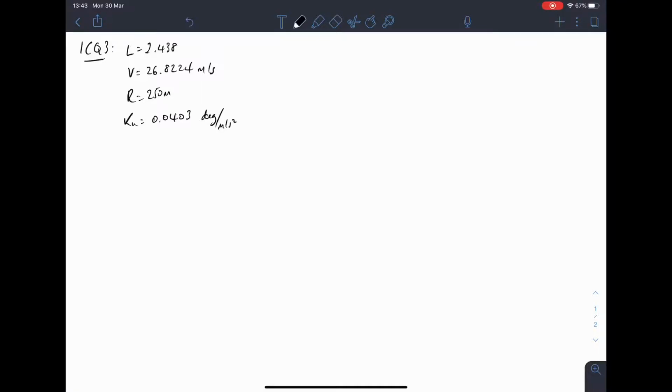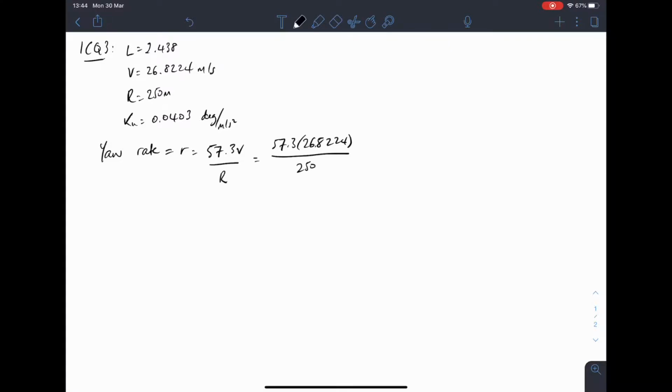Okay, so the yaw rate, that's given by r, which, if we look at the question, is 57.3 V over big R. So 57.3 times 26.8224 divided by 250.